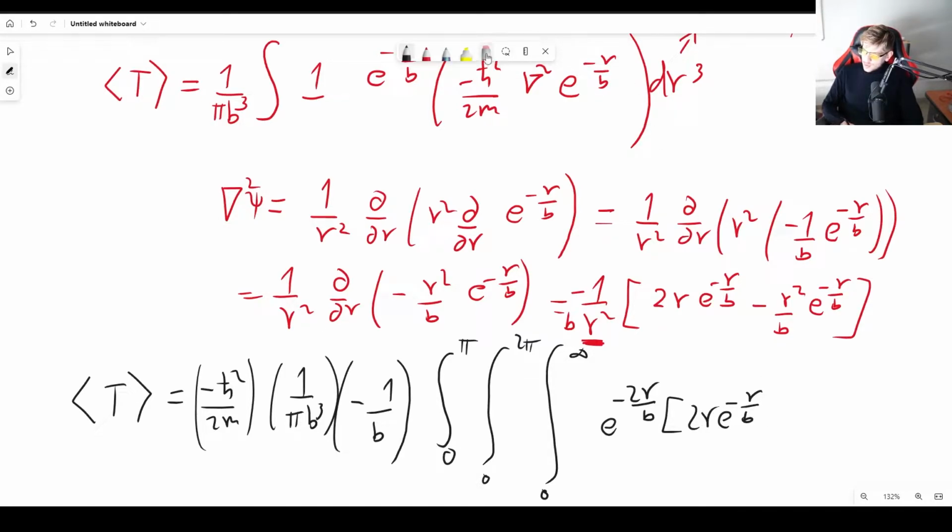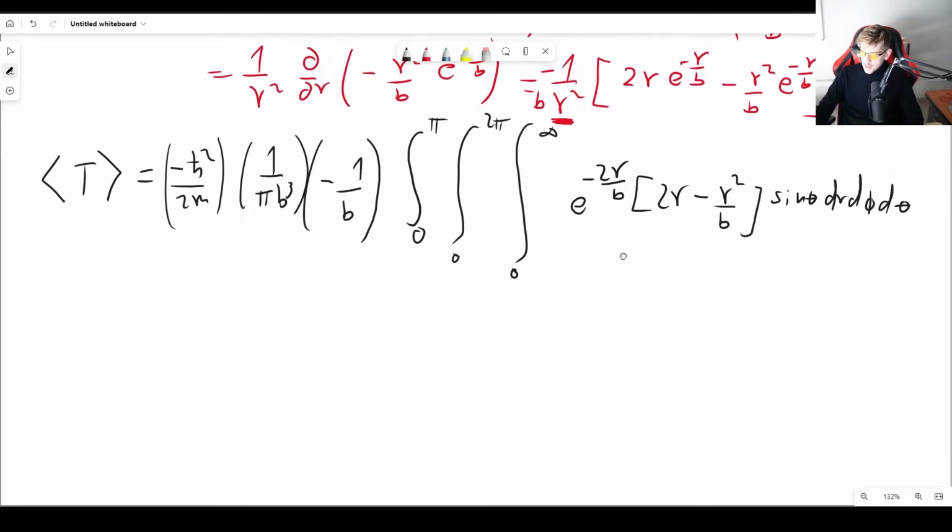Actually, I already considered the exponential, so I shouldn't be writing it down. Minus r squared over b. And all of this times sine theta dr d phi d theta.